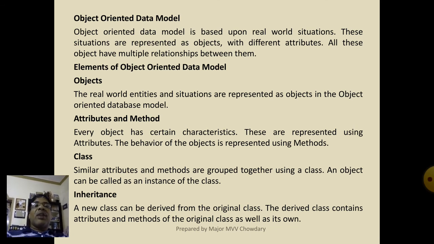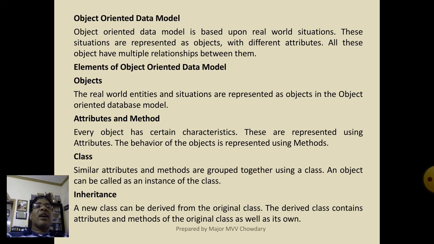Class. Similar attributes and methods are grouped together using a class. An object can be called an instance of the class. Inheritance is an additional property. A new class can be derived from the original class.